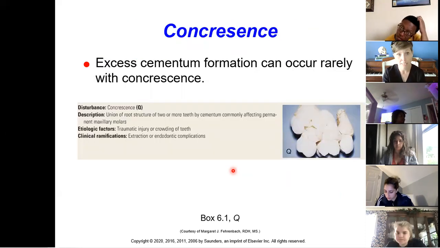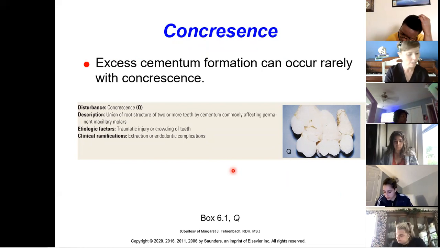This is concrescence. This is excessive cementum formation that may occur, and it kind of bonds a bunch of teeth together. So concrescence is one of the overgrowths of cementum. It's a developmental disturbance as well.